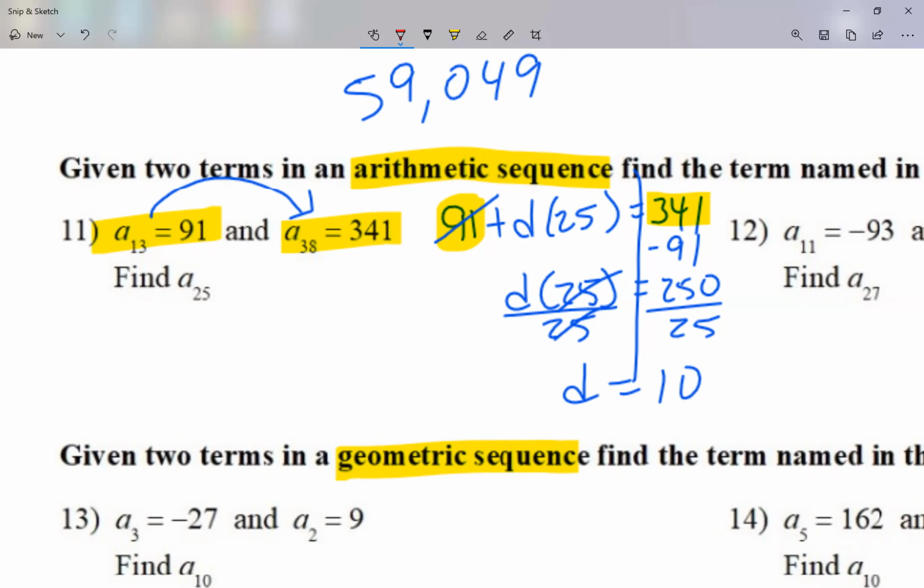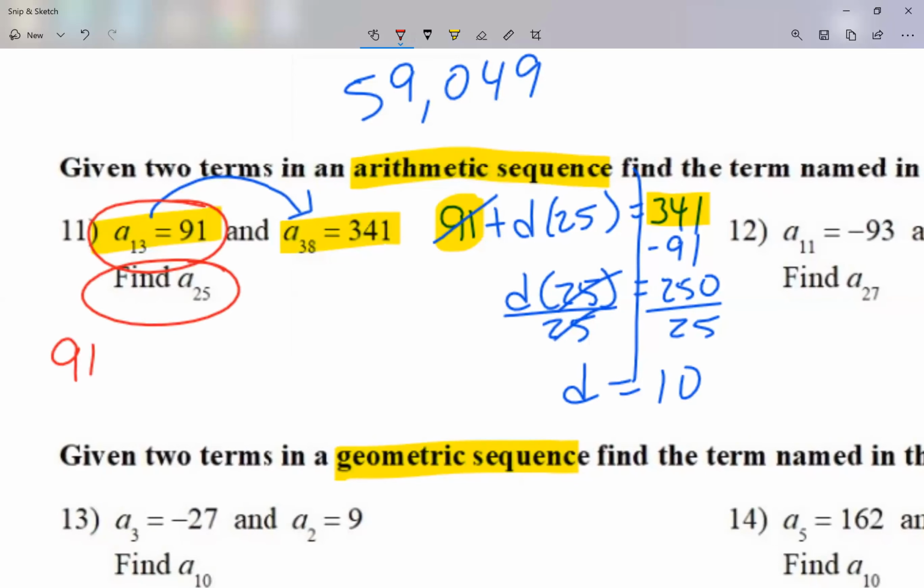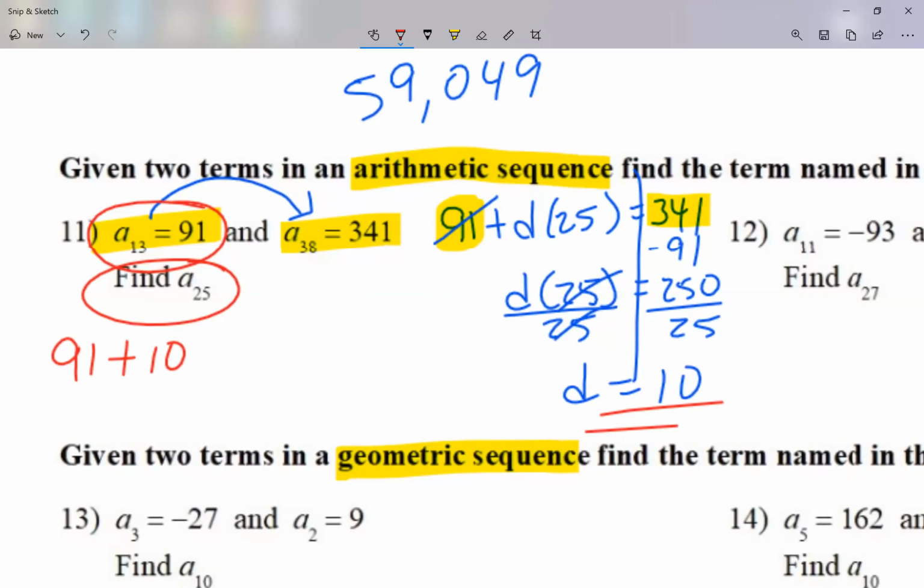Okay, let me start with the 13th number and let me get to the 25th number. So the way I'm going to do this, I'm going to say 91, because that's the number I'm going to start with. I'm going to add 10, because remember my difference was 10. I'm going to add 10 12 times.